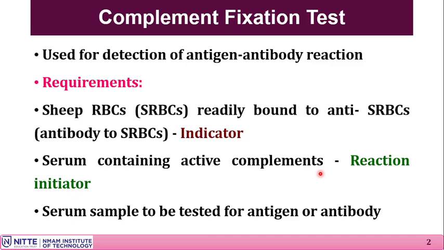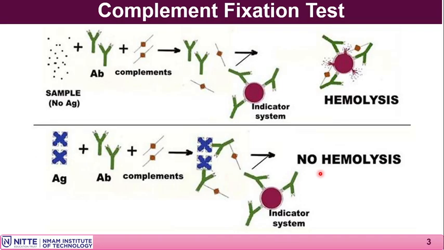Let us see how this test is performed. We'll take the first example at the top. The serum sample to be tested for the antigen is treated with the corresponding antibody, and that antibody is supposed to bind to the antigen that you are looking for.